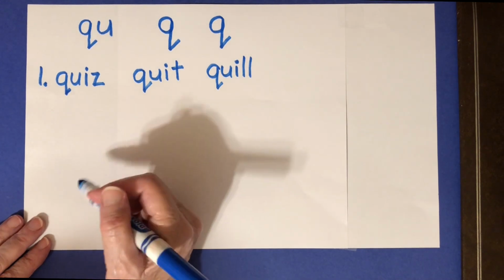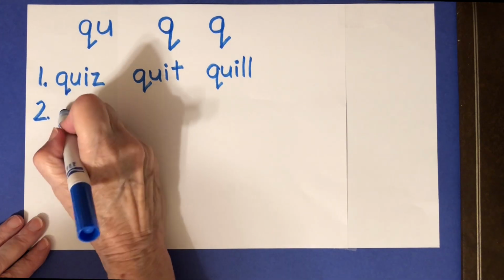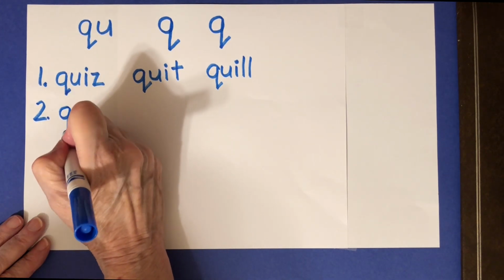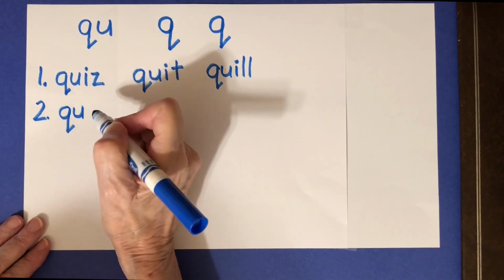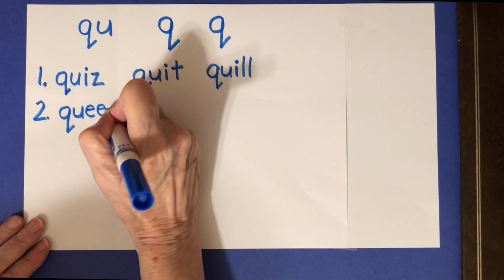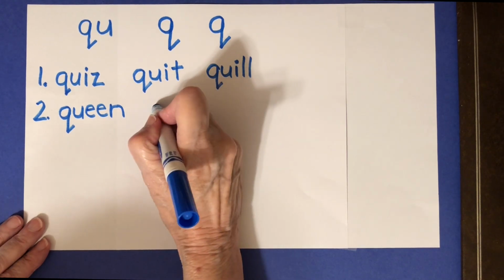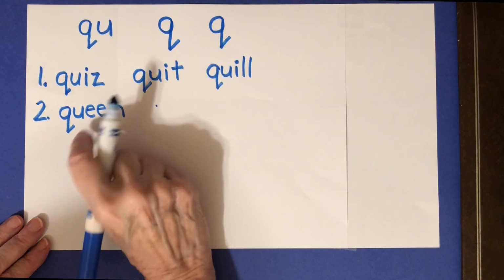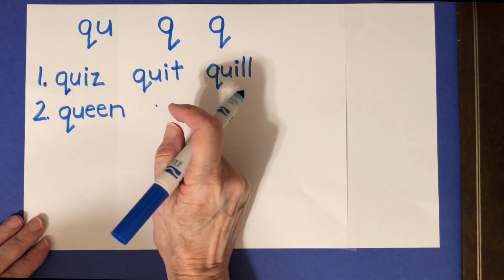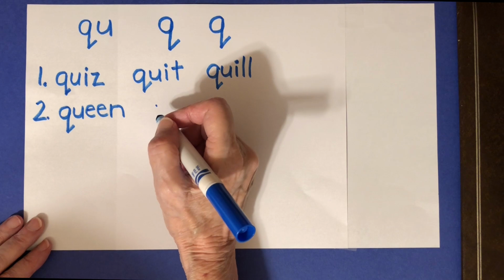Let's do our next and actually our last word line. We only have two today. Queen, queen. Do you notice that there are two E's there, but they only make one E sound? That's a long E sound.